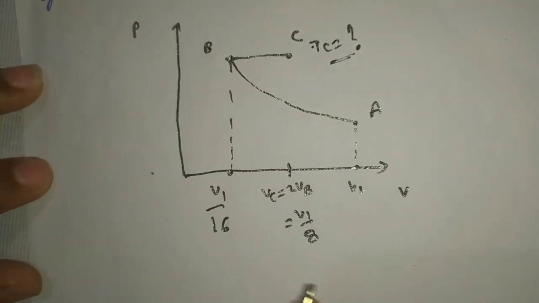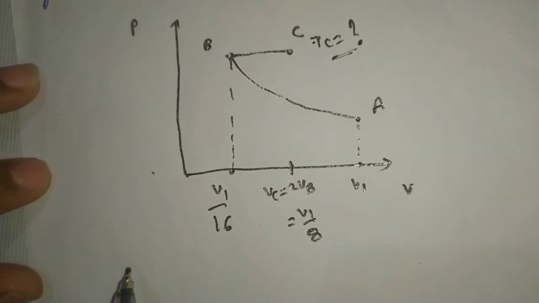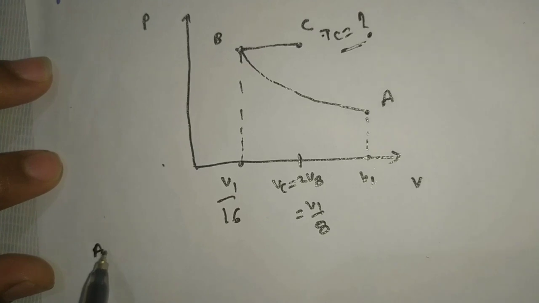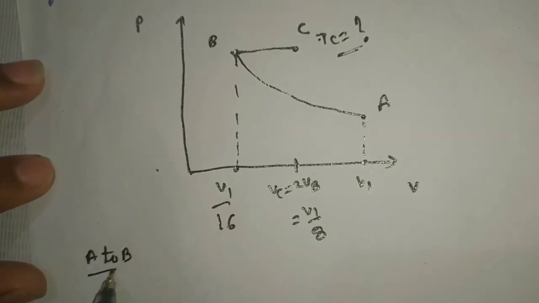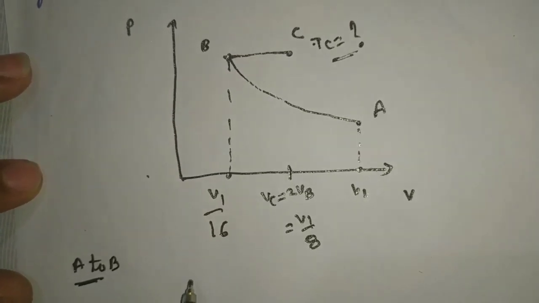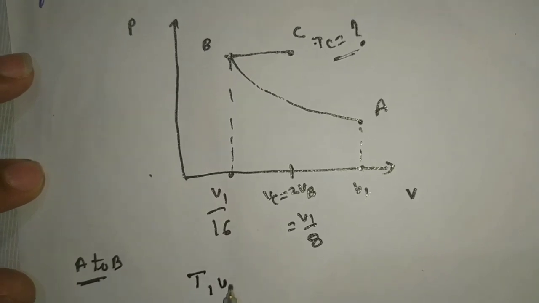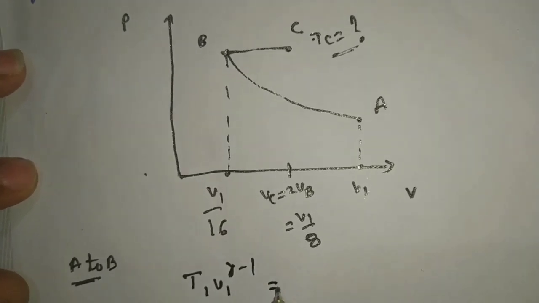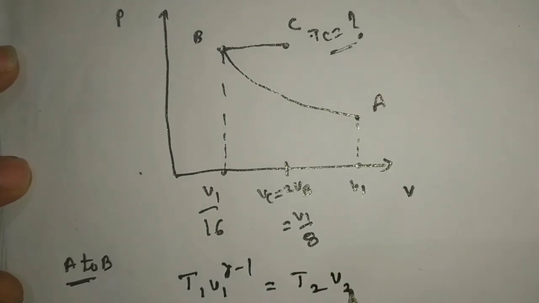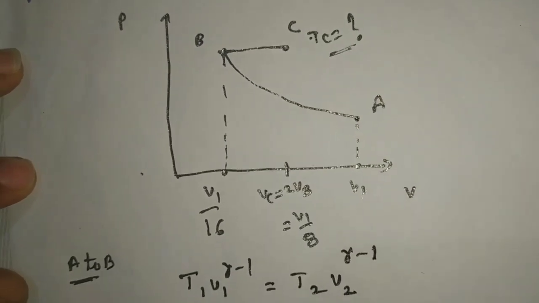A to B is adiabatic compression. For adiabatic compression, for the A to B process, the relation between temperature and volume is T1 V1 power gamma minus 1 is equal to T2 V2 power gamma minus 1.